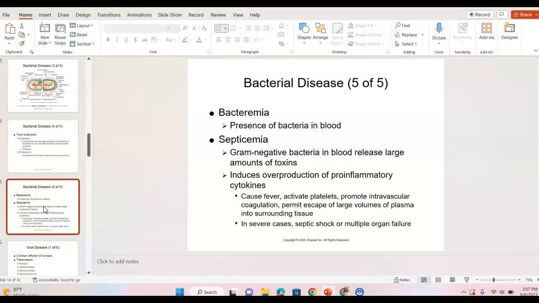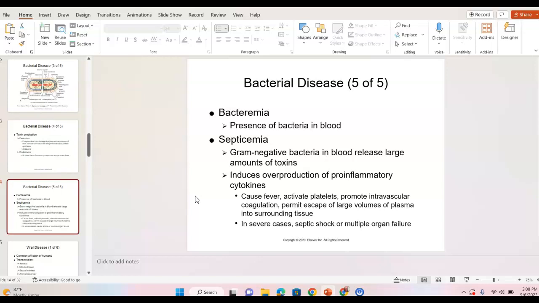All right, so once again, we're going to go through this fairly quickly. This is stuff that we have spoken about already. Bacteremia is the presence of bacteria in the blood. Septicemia is gram-negative bacteria in blood that releases a large amount of toxins, making that patient toxic. So one of the things that we have not talked about, which is an interesting pathophysiological application, is that this induces an overproduction of pro-inflammatory cytokines.